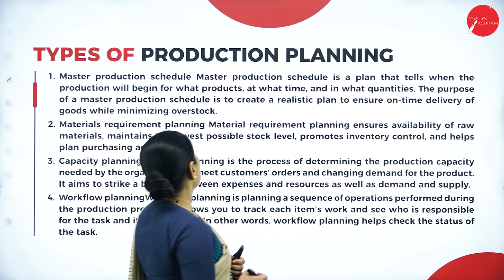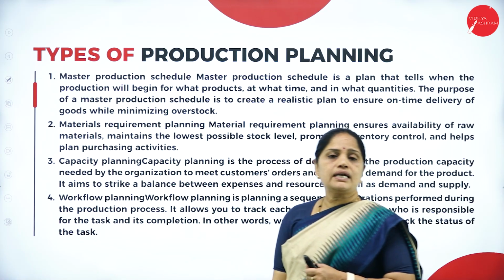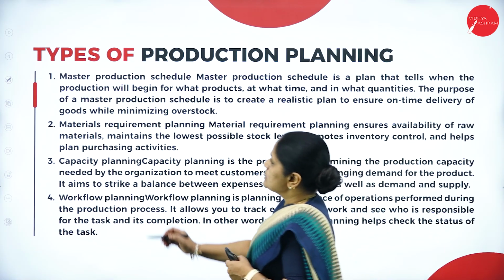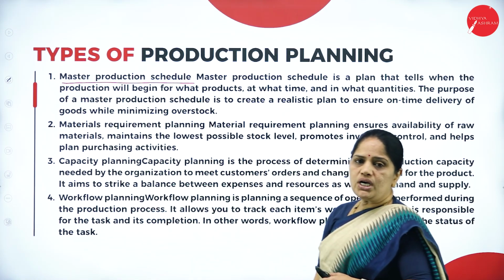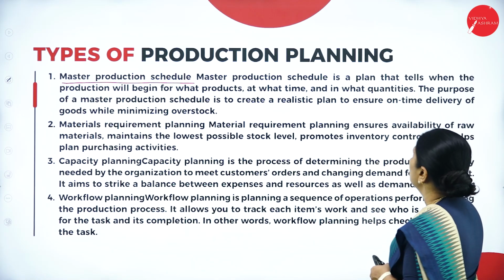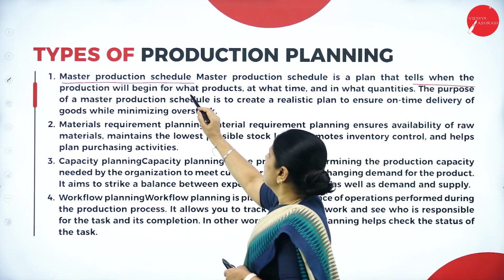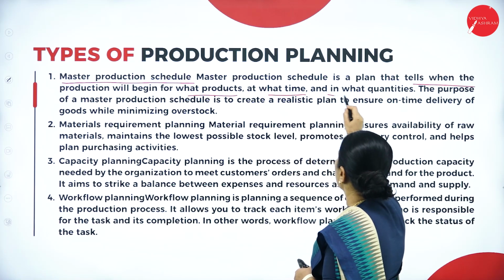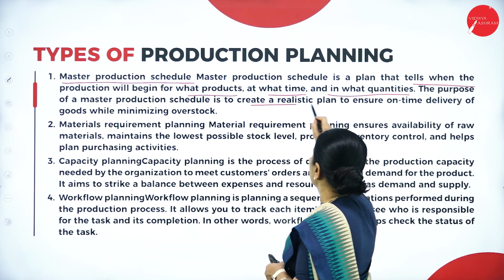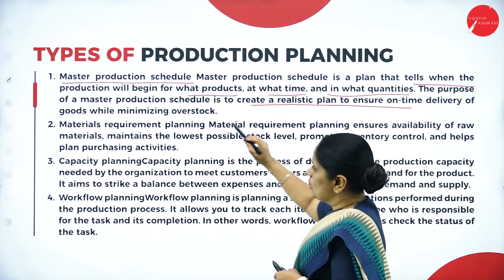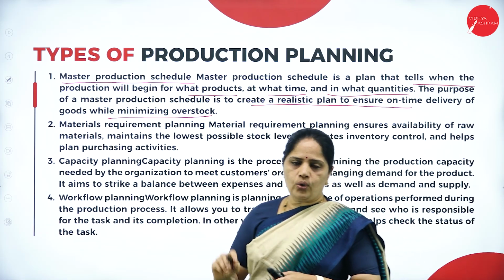Then the next one is the types of production planning. So what are the different types of production planning? So first one is the master production schedule. Now what is this master production schedule? It is a plan that tells when the production will begin, for what products, at what time and in what quantities. The purpose of this is to create a realistic plan to ensure on-time delivery of goods while minimizing the overstock.